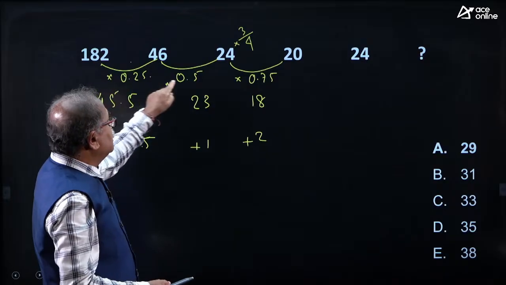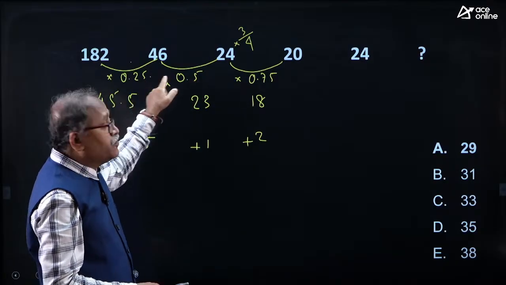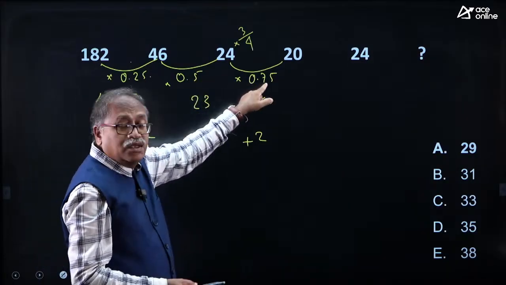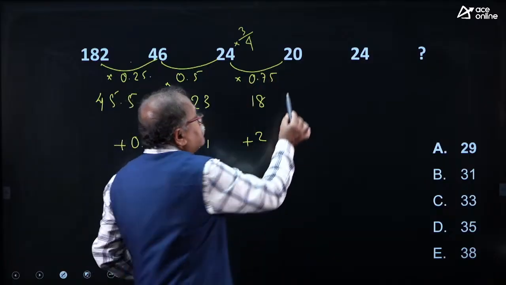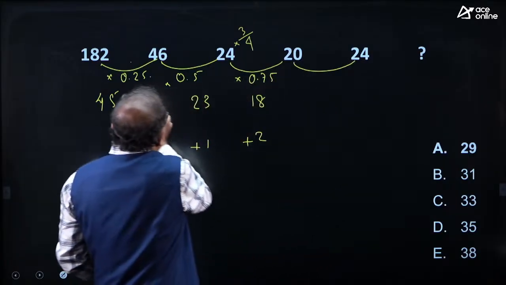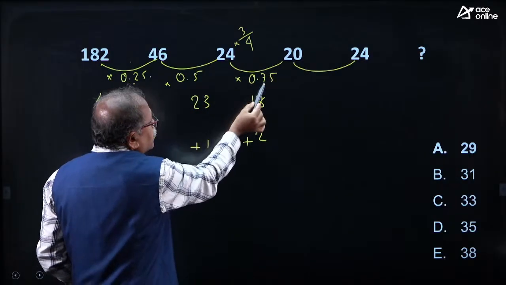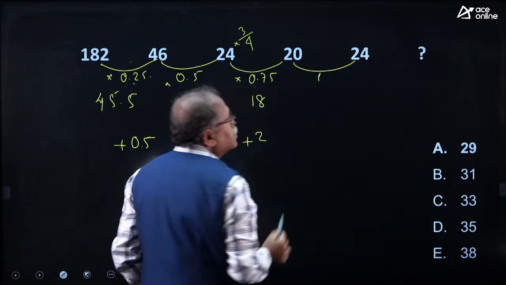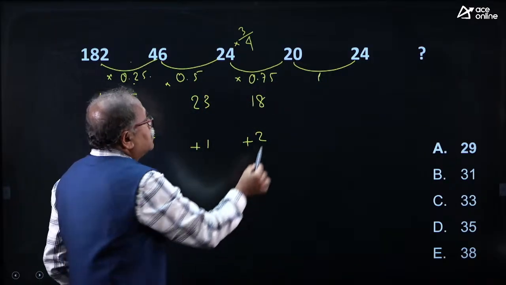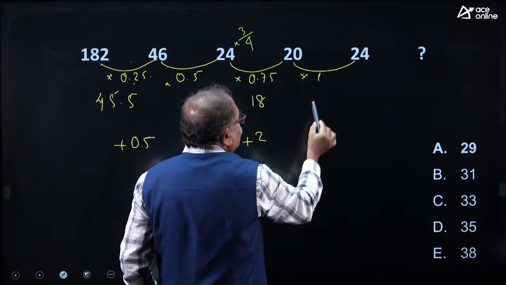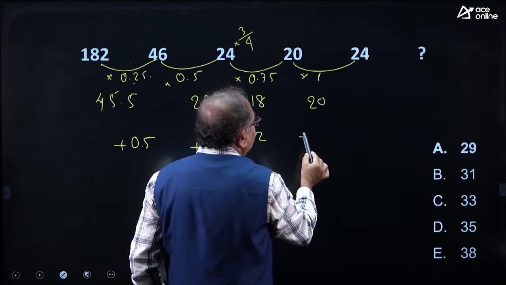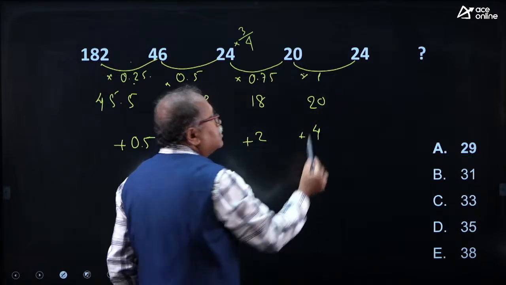So, 0.5 and 0.25, 0.50, 0.75, then if I add 0.25 more over here, I will be getting 1 here. So, into 1. So, 20 into 1 is nothing but 20, and if I add 4 over here, I am getting 24.